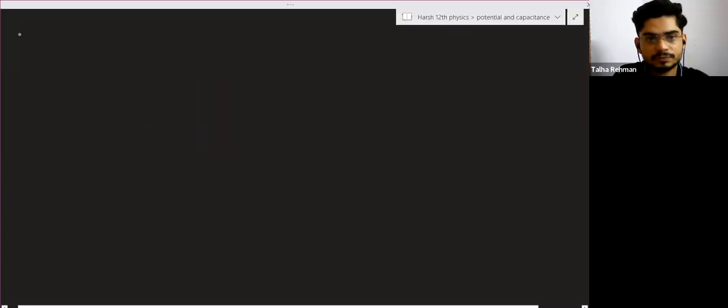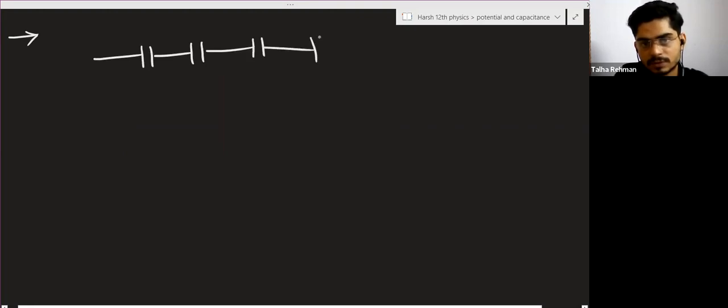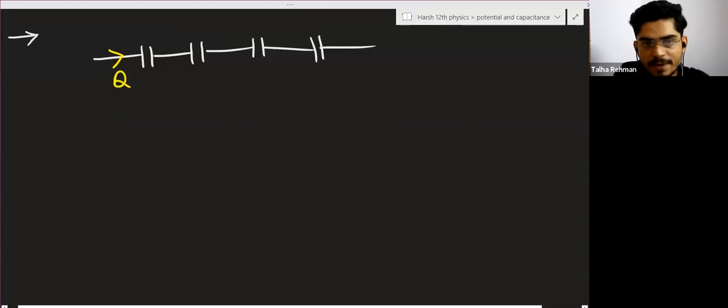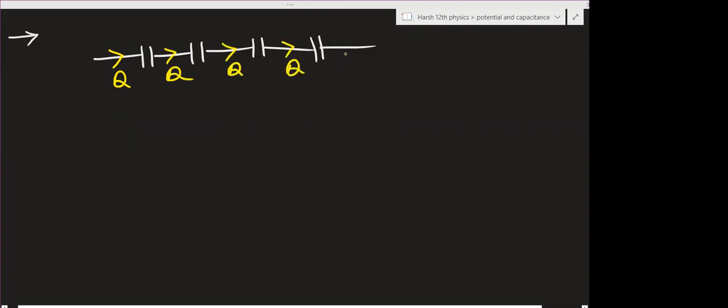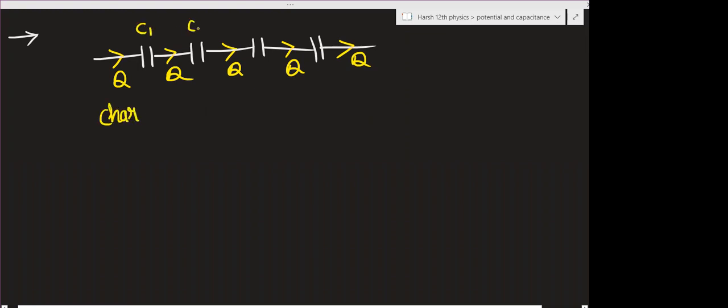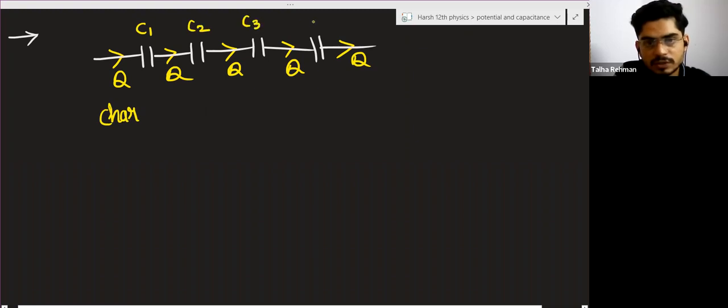Suppose capacitors are connected like this, then also the wire will remain same, no? You have connected the capacitors on the same wire. The wire is same, the charge will be same. Suppose this is C1, this is C2, this is C3, this is C4.